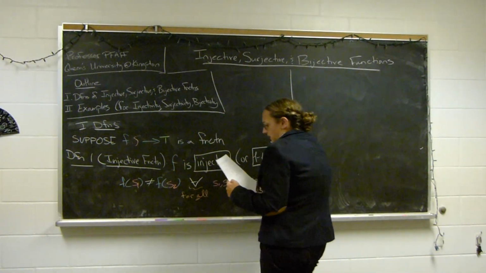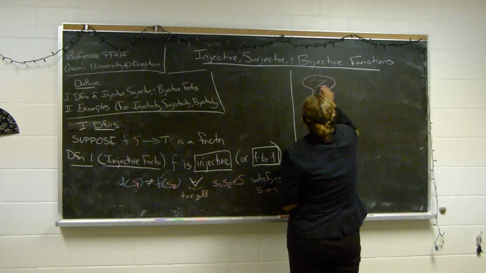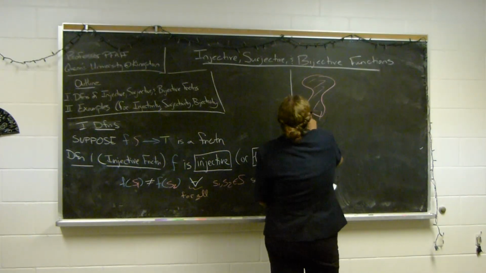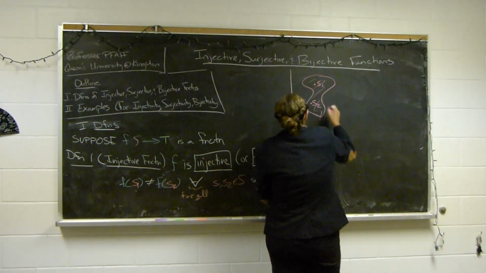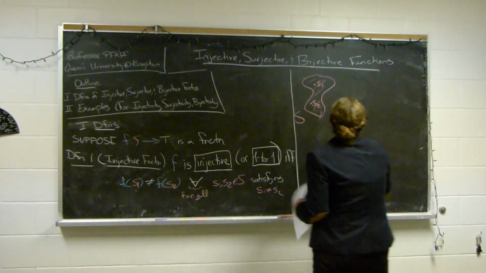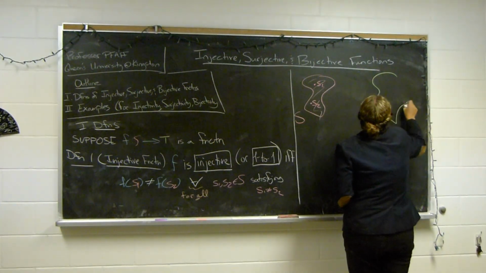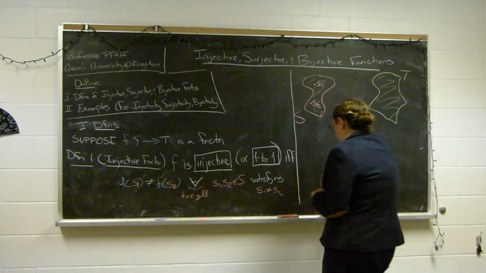Here's my no picture. I have an S here. I have two distinct elements, s1 and s2. And for whatever reason, they want to go to the same place. Maybe it's really nice, like a beach.